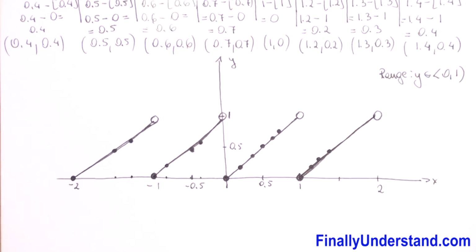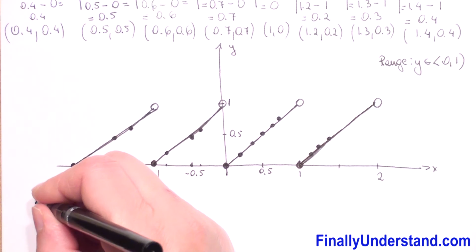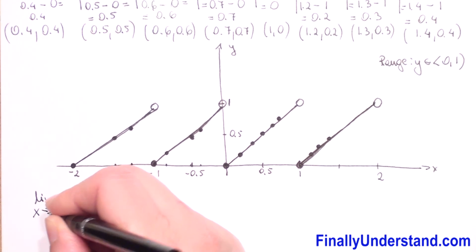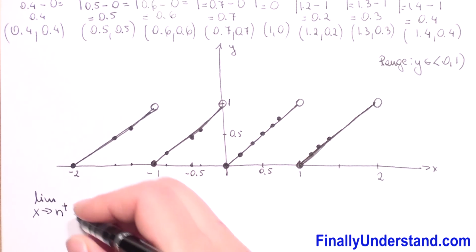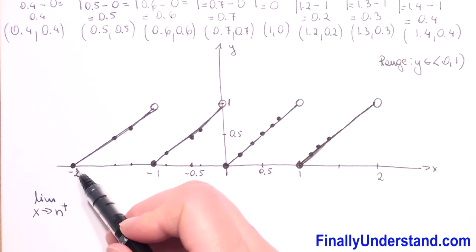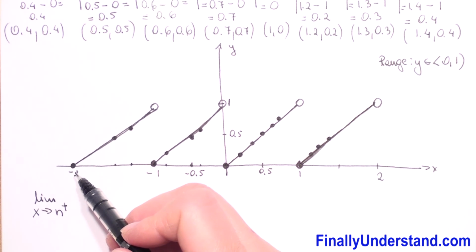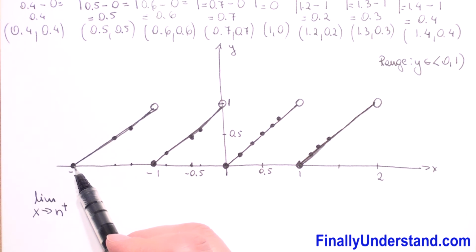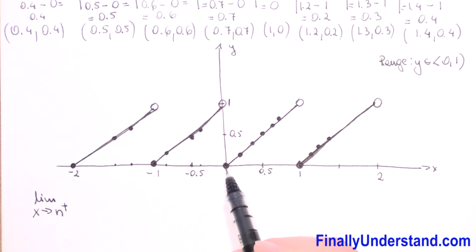So let's write this. We have the limit as x approaches n from the right, n is an integer. So it means it's 0, negative 1, 2. Let's see what we have when we approach negative 2 from the right side. We see the value is 0.